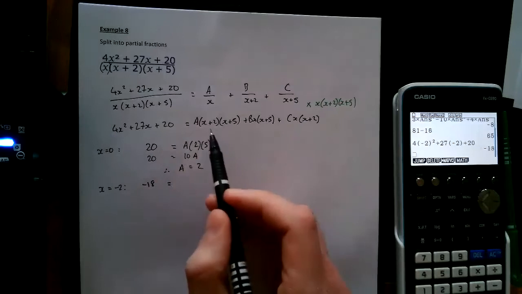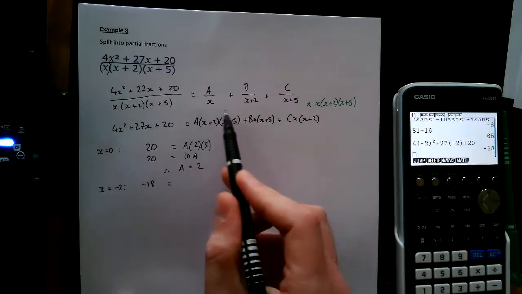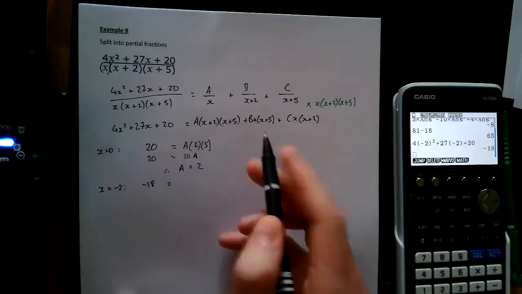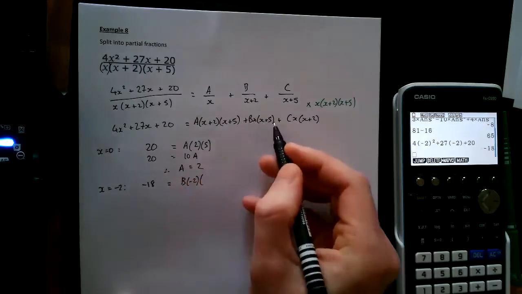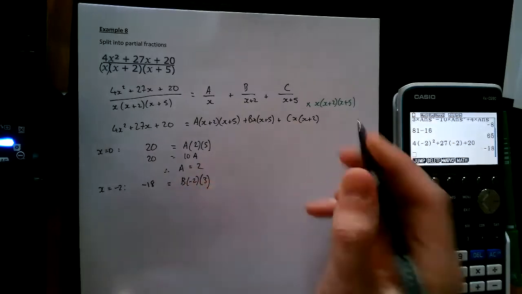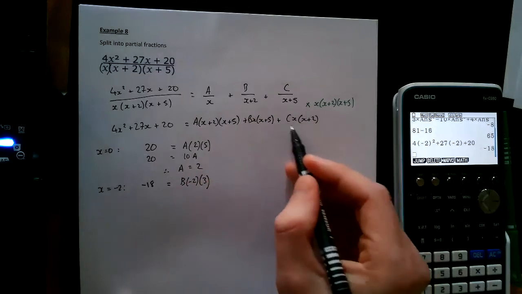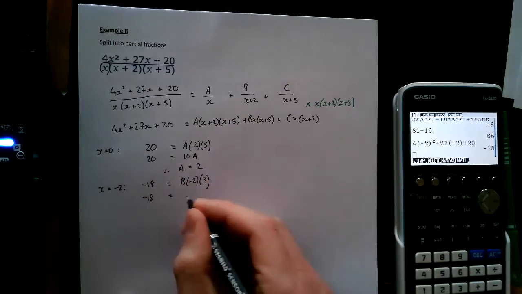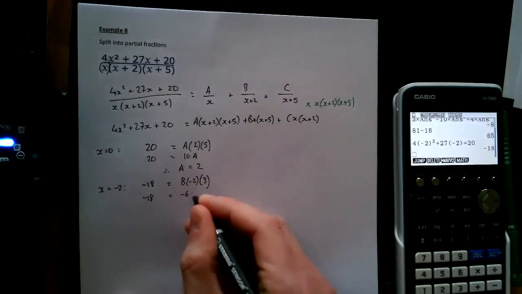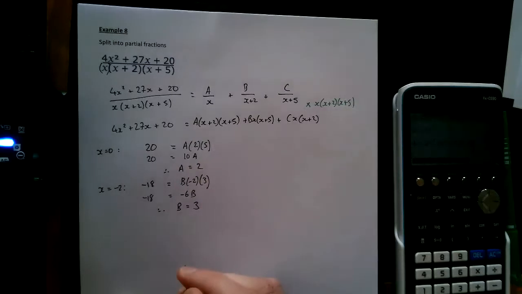And on this side, if I sub minus 2 in, that's going to give me 0, so this whole term will disappear. This term, I'm going to get b lots of minus 2 times minus 2 plus 5, which is 3. And then this term, I sub in minus 2, that'll give me 0, so that whole term will become 0. So I just get minus 18 is minus 2 times 3 is minus 6, minus 6b. So therefore, b is 3.